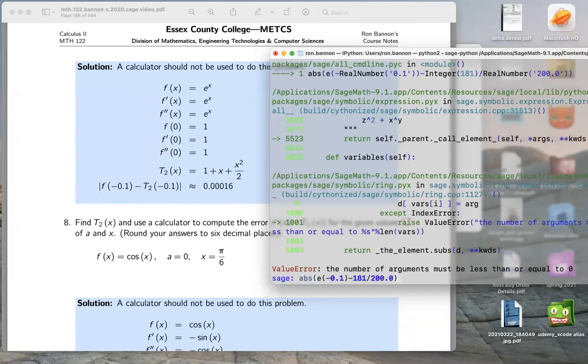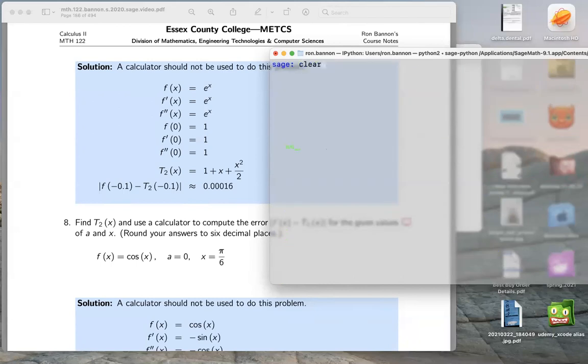Whoa, I made a mistake somewhere. I see it now. No need to read the error message. Forgot to put the caret in. You get that number over there.